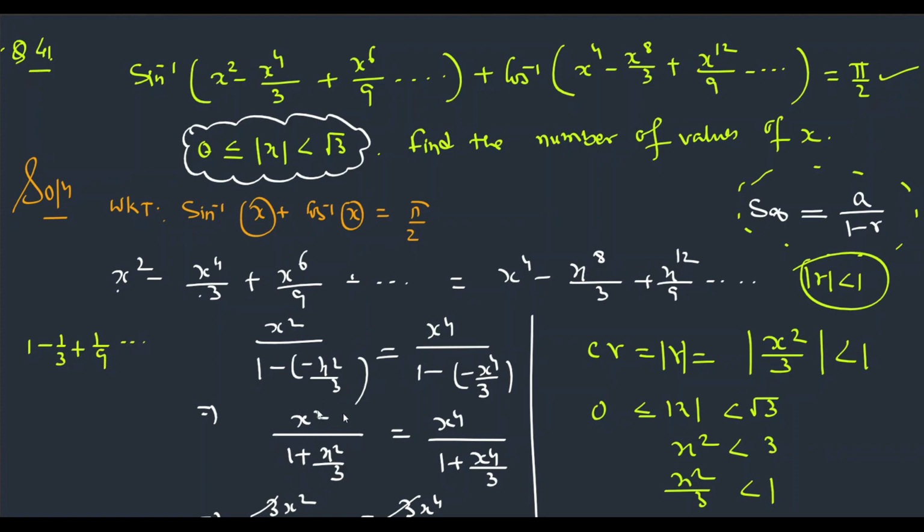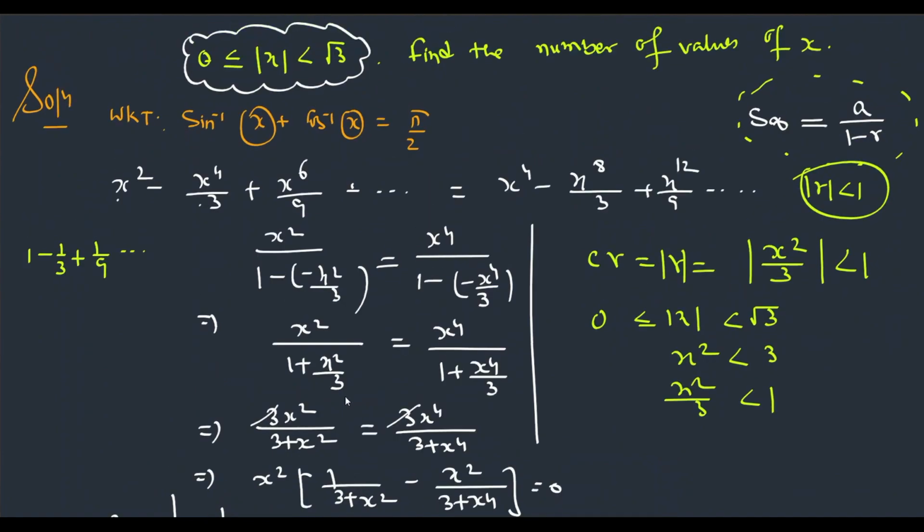So you are getting this. So here again we have to calculate the infinite GP. Infinite GP, that means here minus 1 by 3, then after addition we will get again pi by 2.